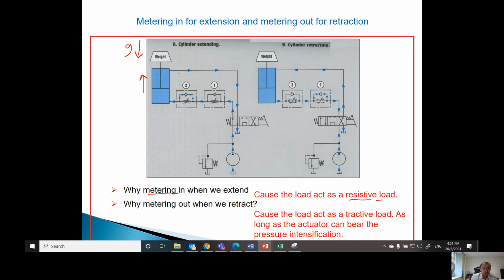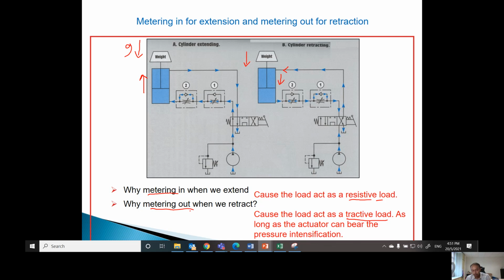But during retraction, which is this one, B, the flow is going in this direction. So you have the flow direction downward, and the weight direction is also downward. When the directions are the same, you have tractive load, and that's why we use meter out.